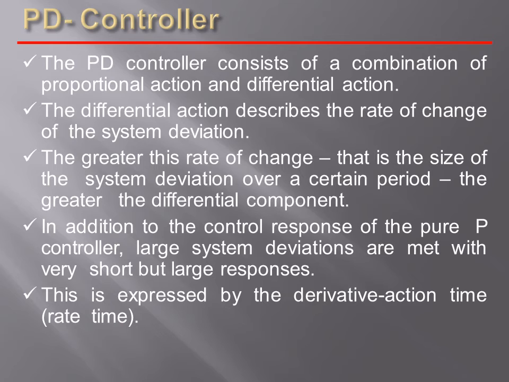In addition to the control response of pure proportional controller, large system deviations are met with very short but large responses. This is expressed by the derivative action time, also called rate time.